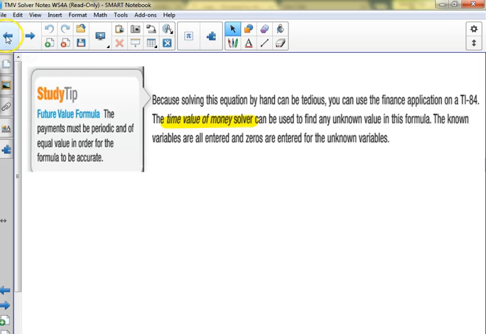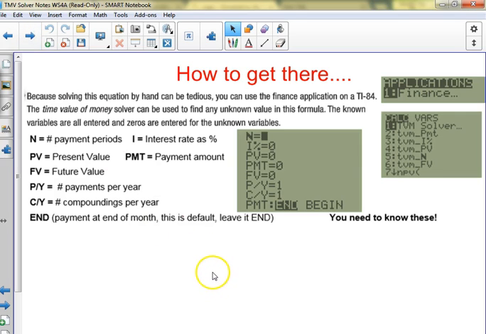Now, it's called the time value of money solver, and that is where they get this TVM that we're going to see in a minute. All right, so take your calculator. Any Texas Instruments graphing calculator, no matter how old, will have this app.